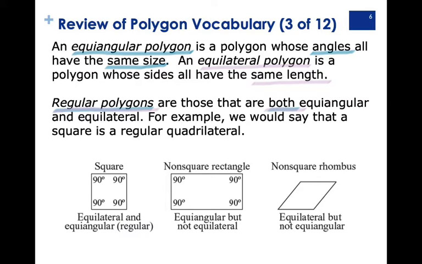It does not have the same length of sides. And here we see the rhombus here. Although we don't know what the angles are, we see one that is obtuse and one is acute, so we know they're not the same, even though the line segments are the same.